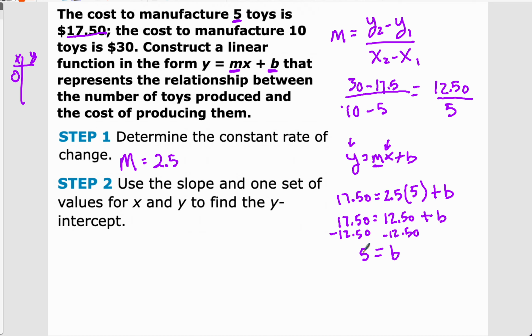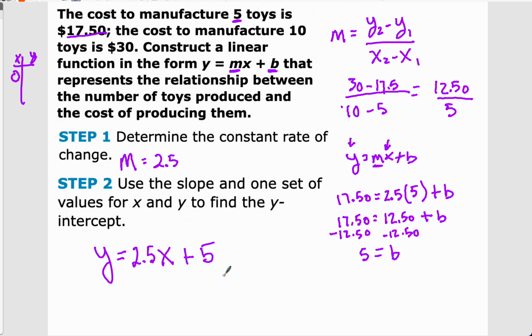So that's at 0 toys produced. I'm already out $5, right? So my equation now is y equals m, which is 2.5, so 2.5x, and my initial value or y-intercept is 5. So y equals 2.5x plus 5.